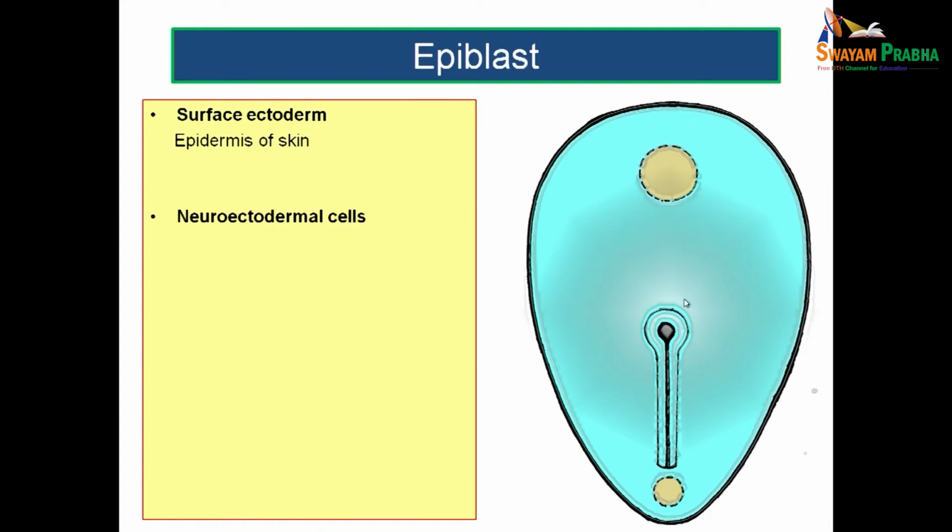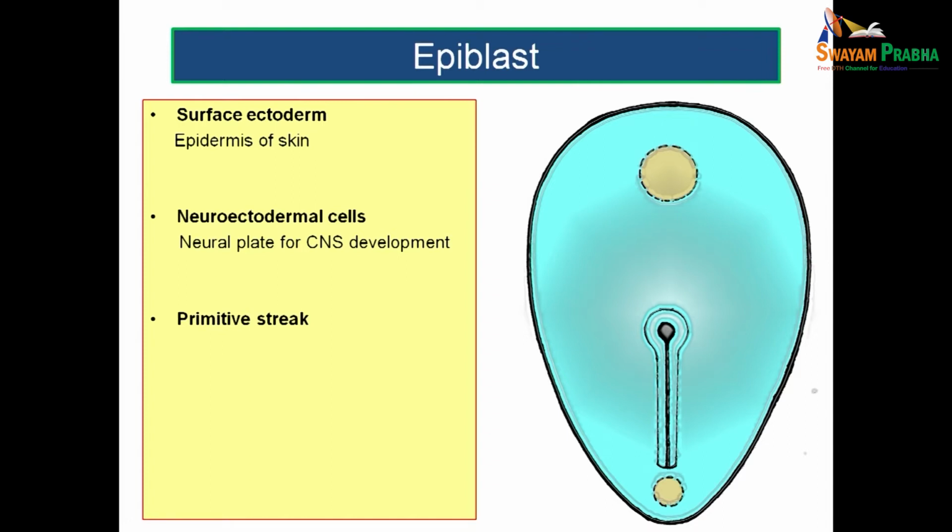And towards the midline, the same epiblast gets modified as neuroectodermal cells. Neuroectodermal cells will be giving rise to the formation of neural plate, which is responsible for the central nervous system development. So, these are the major events happening over the epiblast.